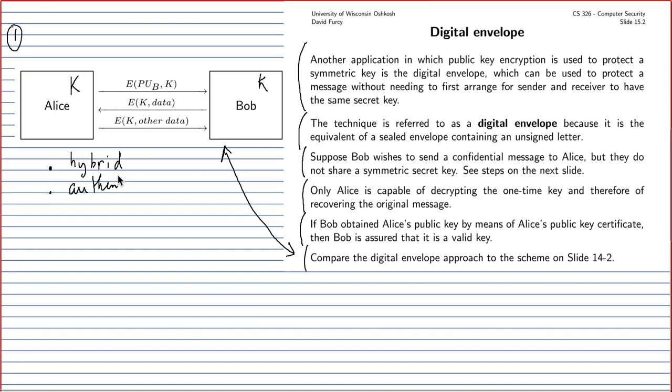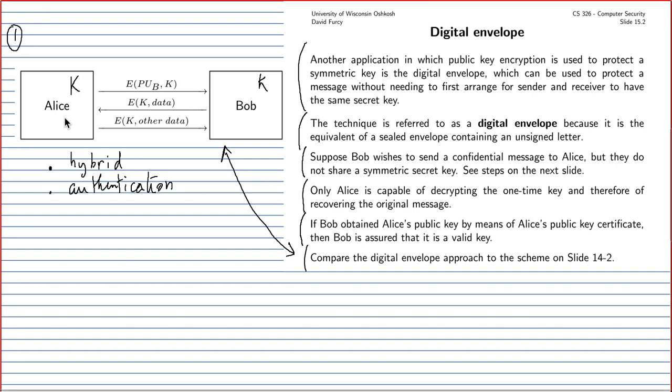In terms of authentication, and this is a question I asked you earlier about this protocol, who is authenticated? Well, assuming that Alice got the public key of Bob in a certificate, then Alice is sure that this is Bob's public key. So in that sense, Bob is authenticated to Alice in this mechanism.